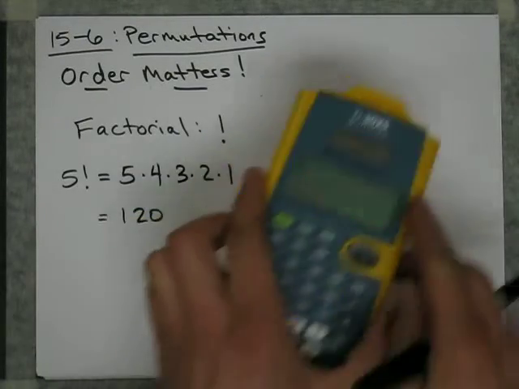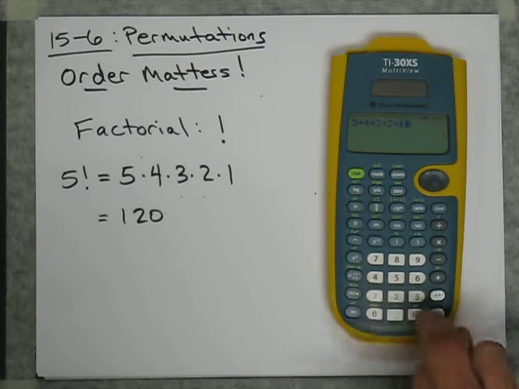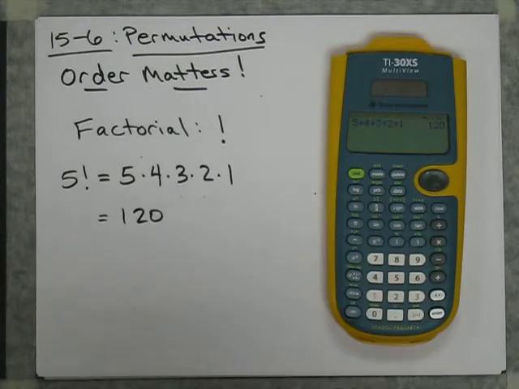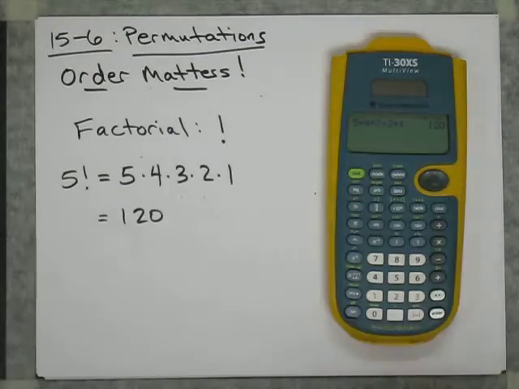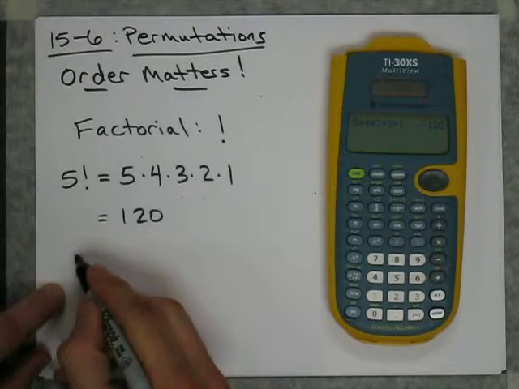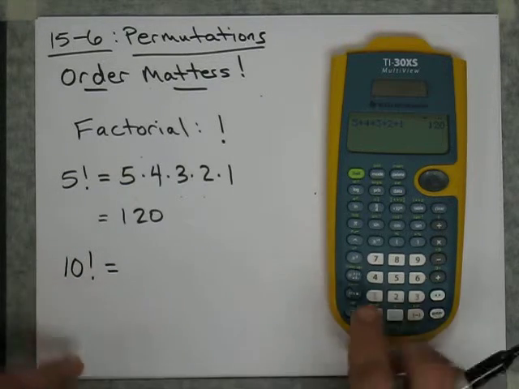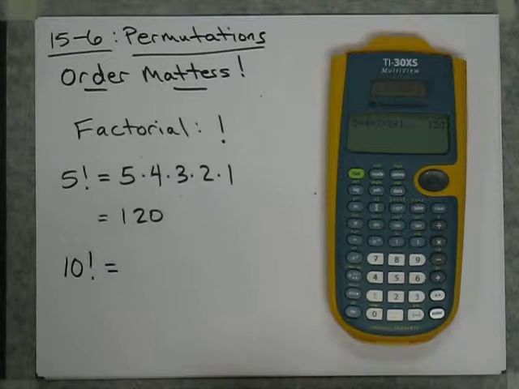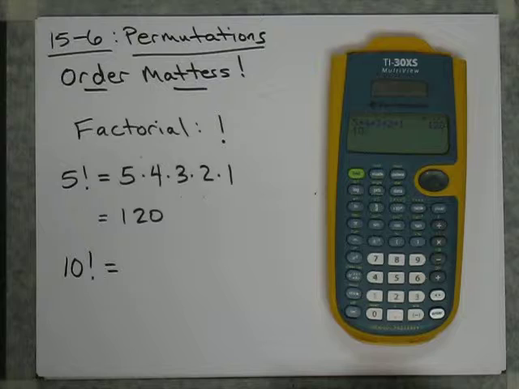Now, on your calculator, you could go 5 times 4 times 3 times 2 times 1, hit enter, and you get 120. Okay, you can see that. That seems a little laborious, especially when you do something like 10 factorial. Do I really want to go 10 times 9 times 8 times 7, etc.? No. So I can go 10, and then on your calculator you need to find the button.